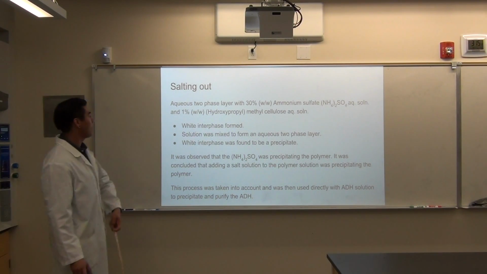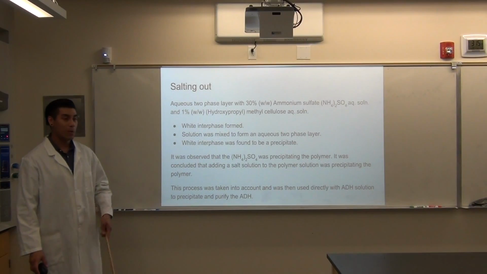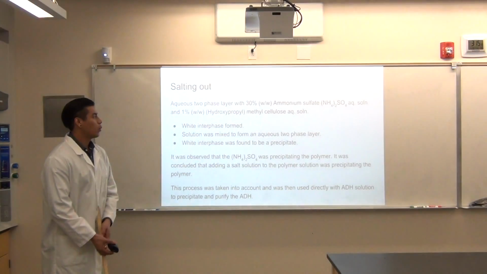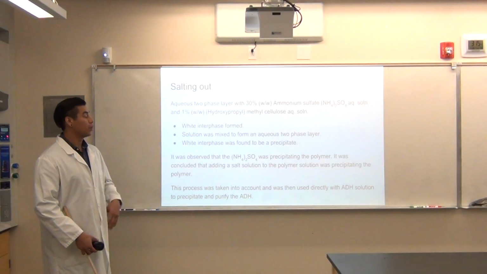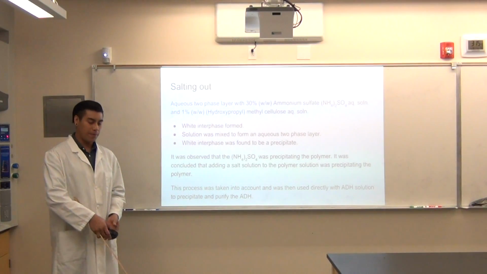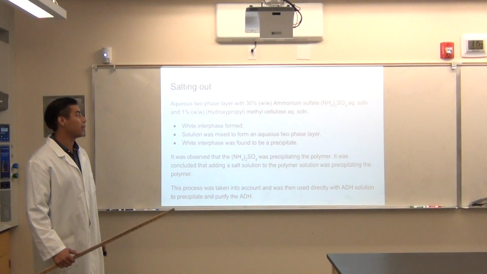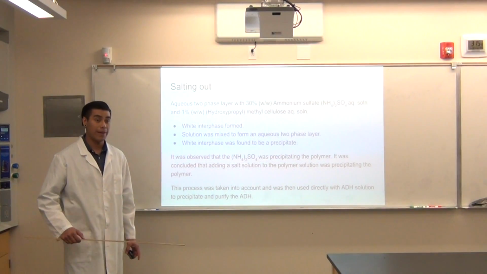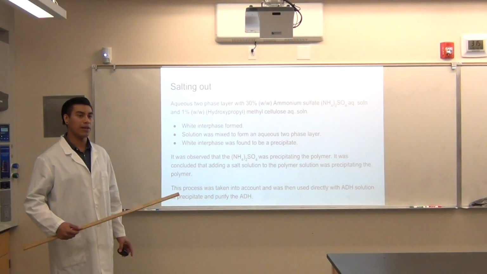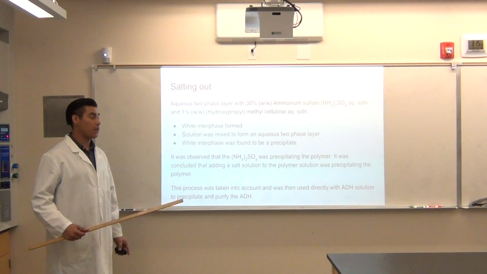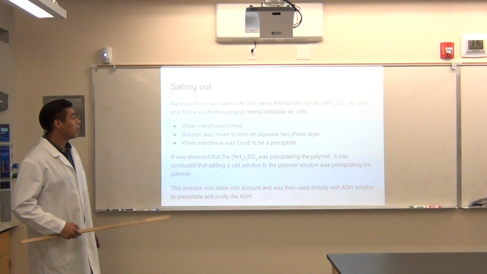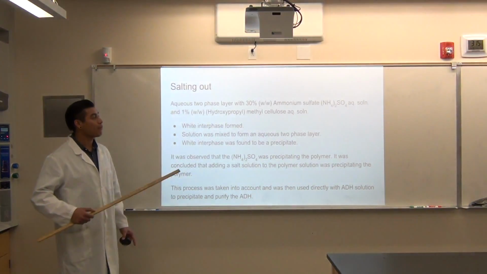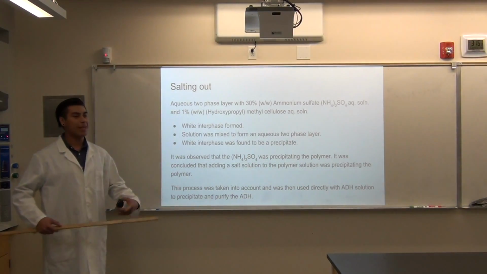Well, now going back to the aqueous two-phase layer, what we did here is try to duplicate the experiment from last year. So we got more polymers, and we attempted to do an aqueous two-phase layer with those polymers. It amazed us.